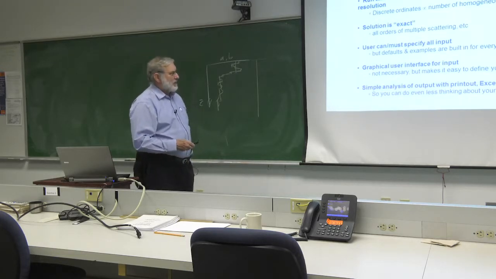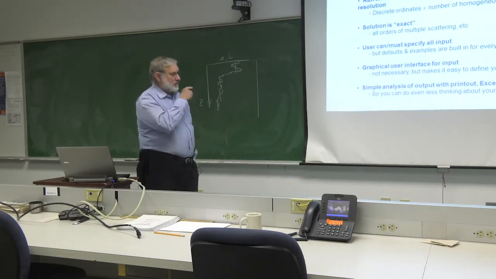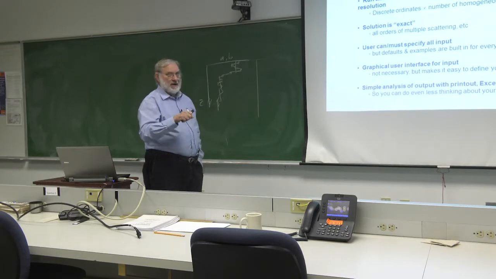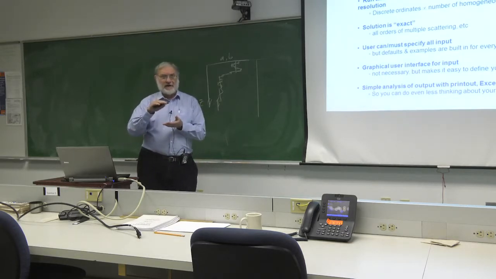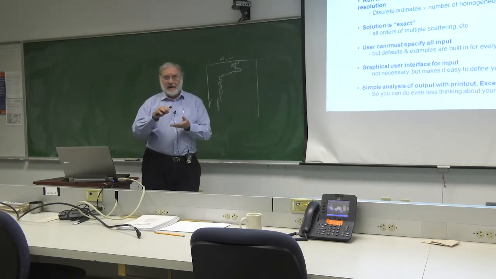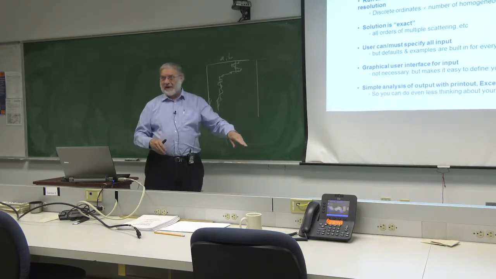And then there's a graphical user interface, and really all it does is collect all of your input and write it off to a little ASCII file. It's like 30 lines long. It just has names of your files and chlorophyll concentrations and what depths you want the output at. And then at the end, it just spins off a command window and pipes that output file to the executable.